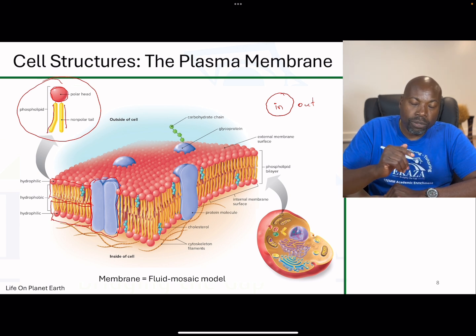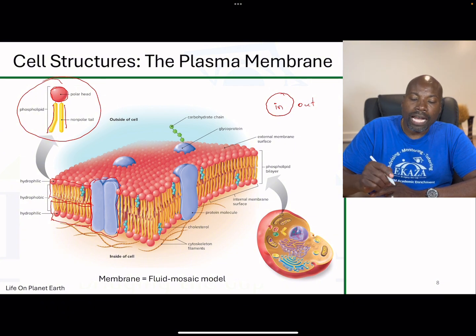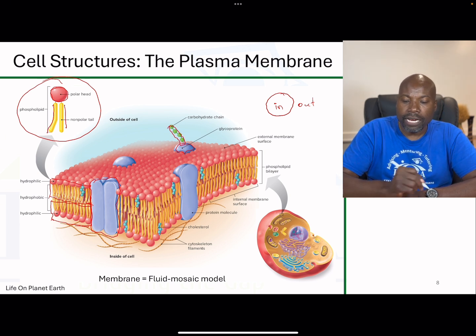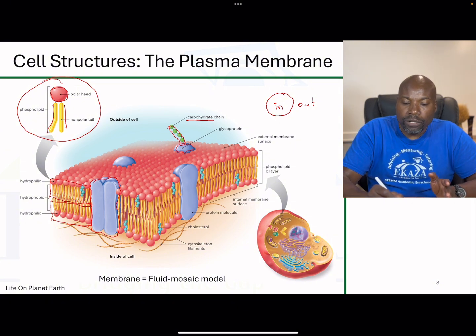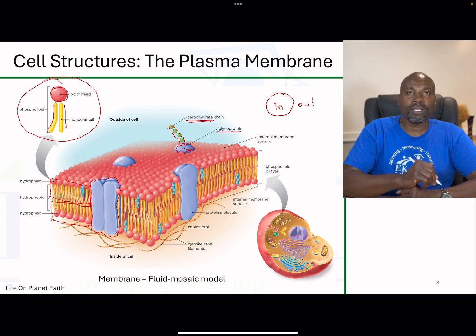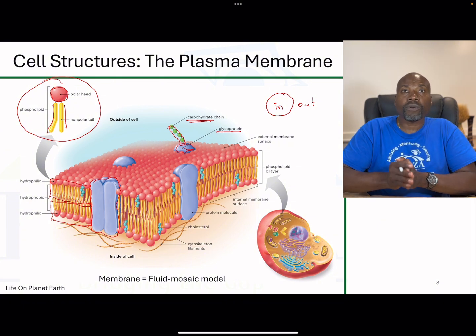In addition to the proteins that are embedded in the plasma membrane, we are going to have proteins that are embedded and some sugars are attached to these proteins, right? Carbohydrate chain. Now, together, the carbohydrate chain and the protein gives the name of glycoproteins to these proteins. Glyco means sugar, proteins for protein.